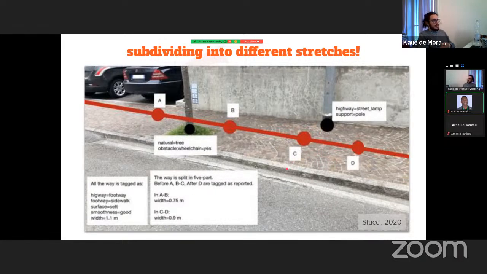So for example, 1 meter, you maybe can pass with a wheelchair, but 75 centimeters, you can't. 90, you are on the very limit of it, okay?